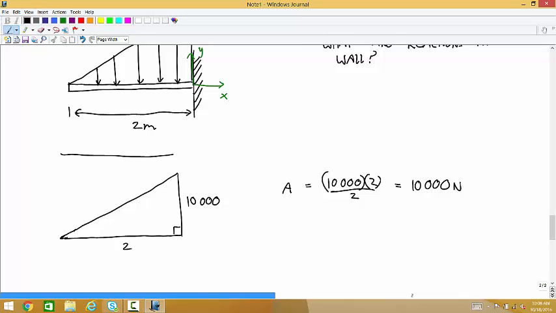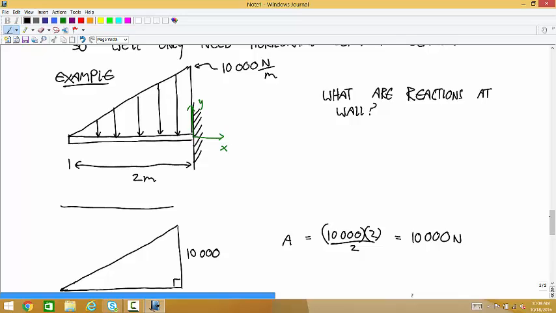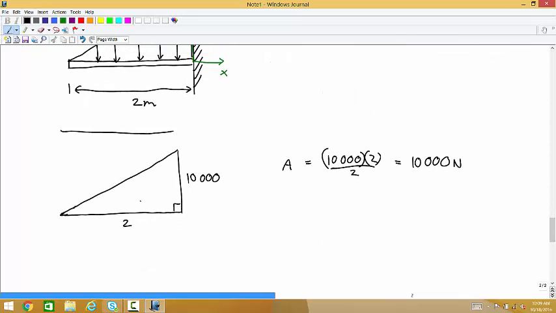And then for the centroid, well, what's the centroid of this shape? We only need the horizontal one. So for a triangle, the centroid's there, where this distance is 1/3 of the way from the long edge to the point. So 1/3 of 2 is 2/3.